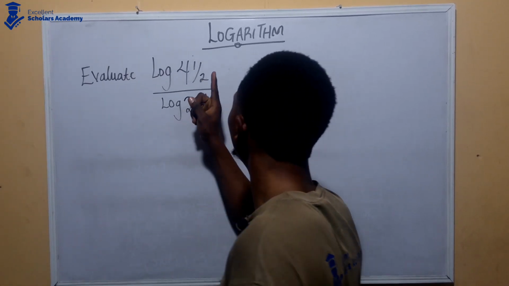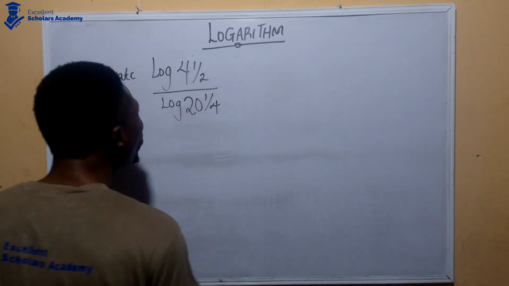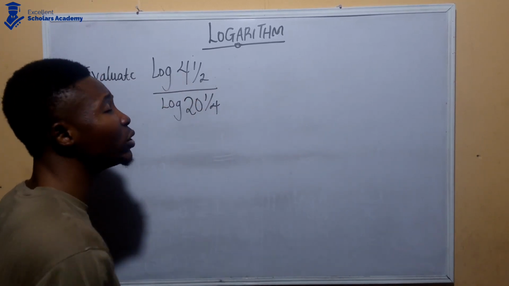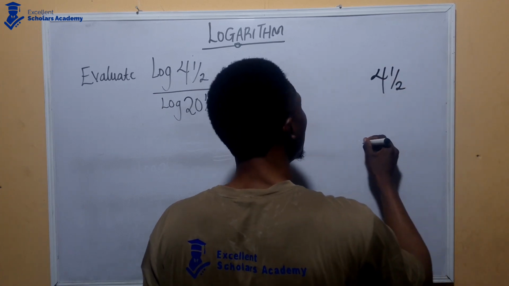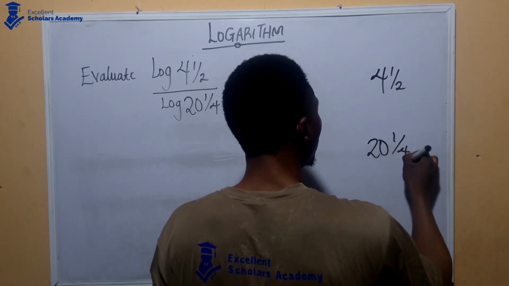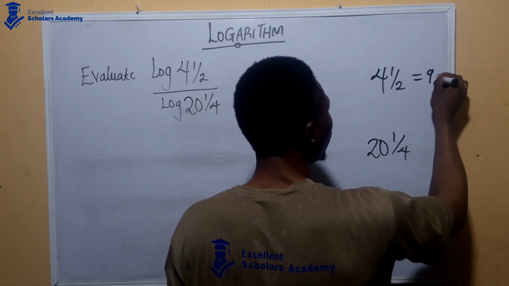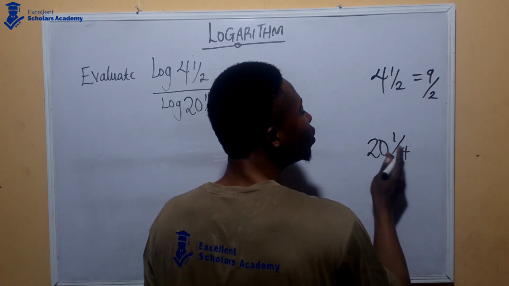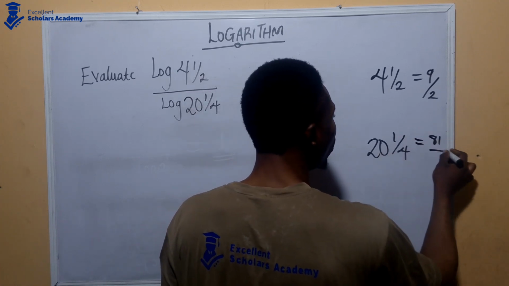Evaluate log 4 and 1 over 2 over log 20 and 1 over 4. Now before we can solve this, we have to convert these mixed fractions to improper fractions. 2 times 4 gives us 8, plus 1 gives us 9 over 2. Then 4 times 20 gives us 80, plus 1 gives us 81 over 4.